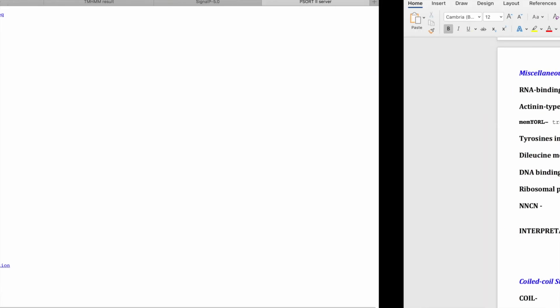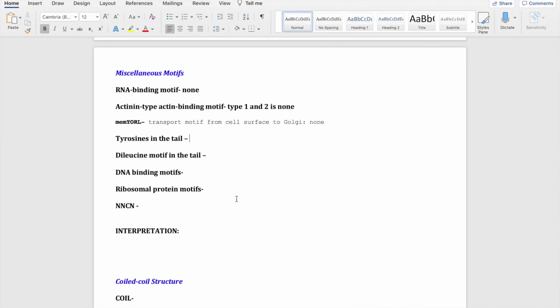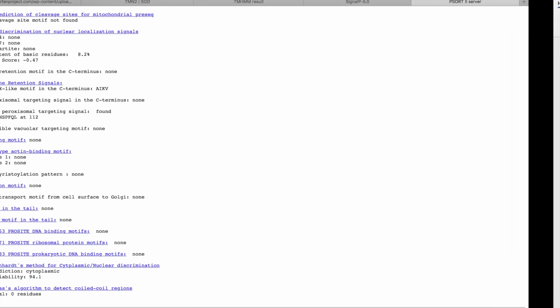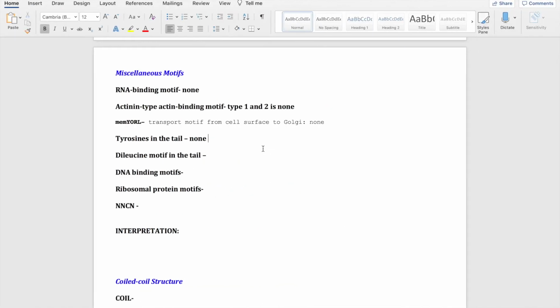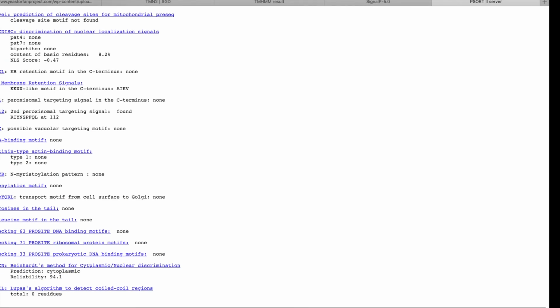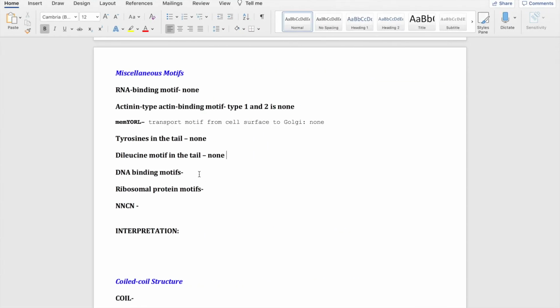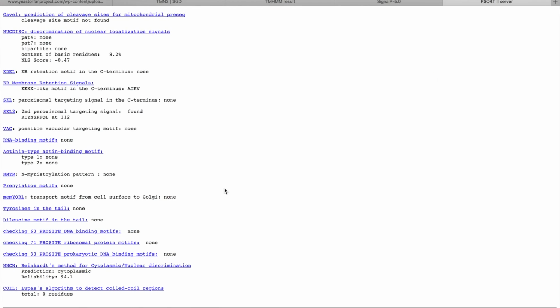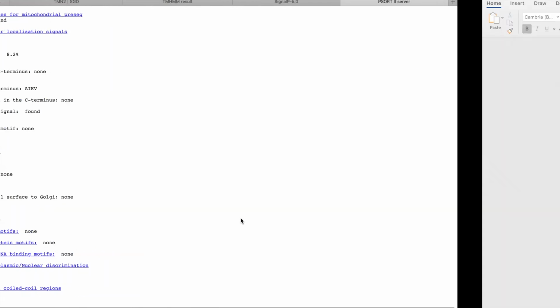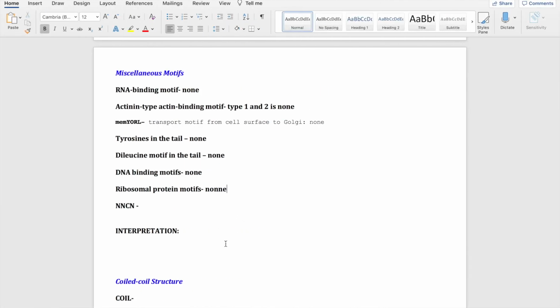The tyrosines in the tail is none. The dileucine motif in the tail is none. The DNA binding motifs is none as well. The ribosomal protein motifs is none also.